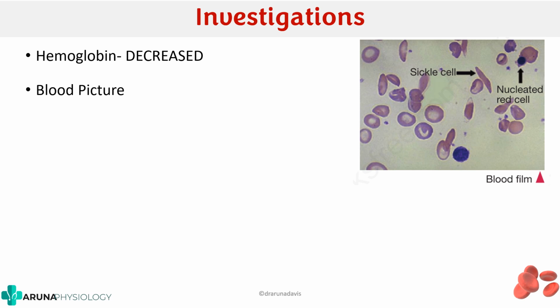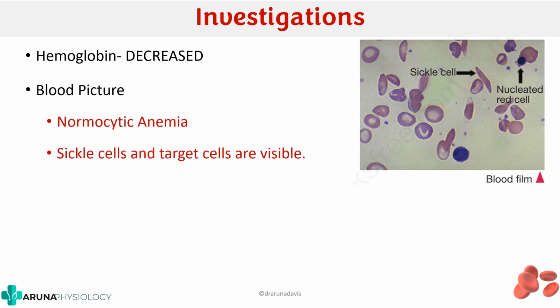You can take a smear, and in the blood picture you will see this normocytic anemia, and sickle cells and target cells will be visible. So these are the sickle shaped cells, right? And target cells are another feature of anemia, wherein you can see there will be a dot inside this RBC. You can also have reticulocytosis.